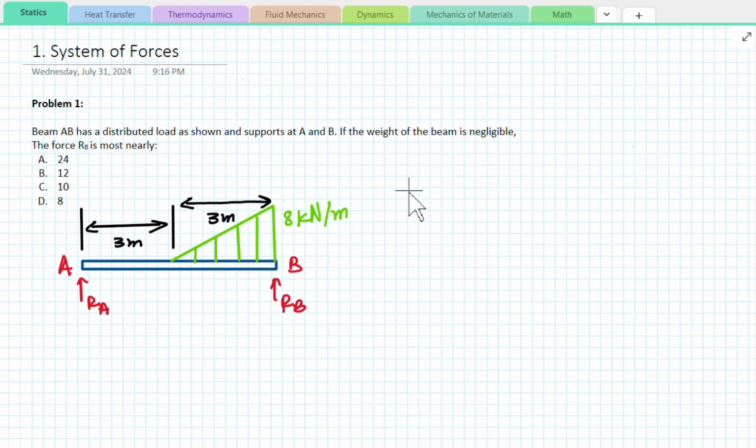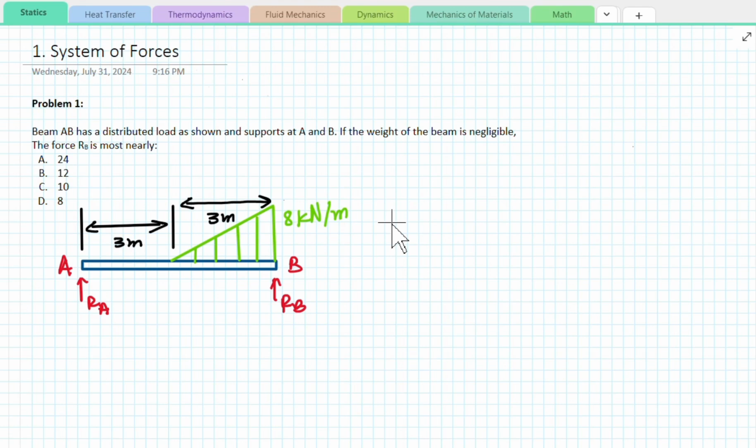So step one will be to find the concentrated load. We're given a distributed load, which is a triangular shaped distributed load of 8 kilonewton. In order to find the concentrated load, we'll need to treat it as the area.